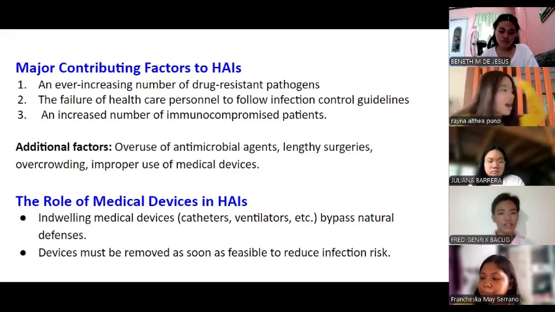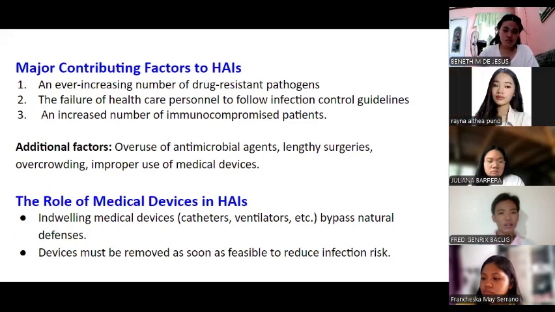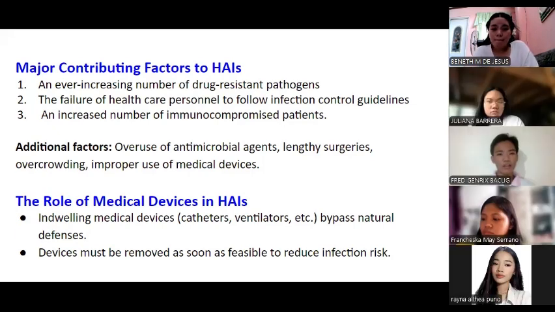So these devices provide a direct pathway for pathogens to enter our body. From the catheter, pathogens may form biofilms around the catheter, which may be the mode of entry of pathogens into our bladder and cause infection.